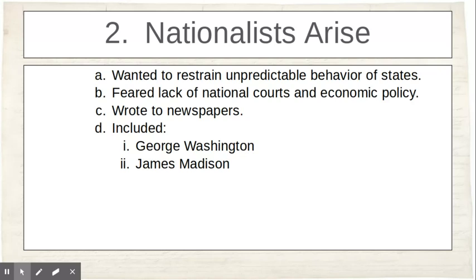So George Washington, Virginia veteran. James Madison, who studied governments. He's the one that brought forward probably the most information about some of the civilizations we looked at in the first unit, like Athens and Rome and Britain. So James Madison was basically an expert on government.